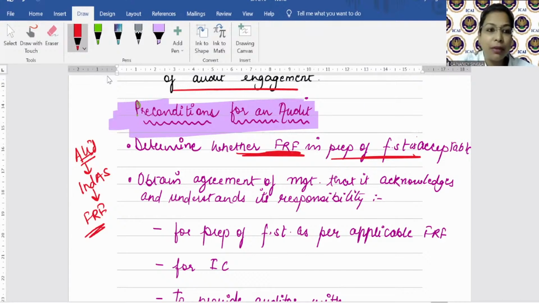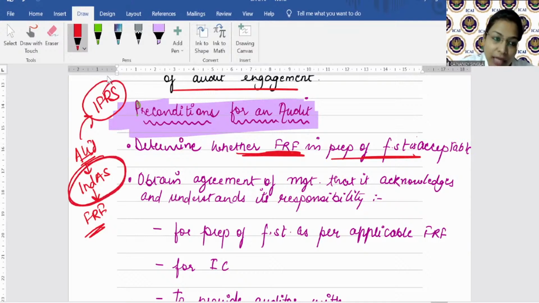It should not be that A Limited has made the financial statement based on IFRS, though Ind AS were applicable. So whether the FRF in preparation of the financial statement is acceptable, only then will they accept.